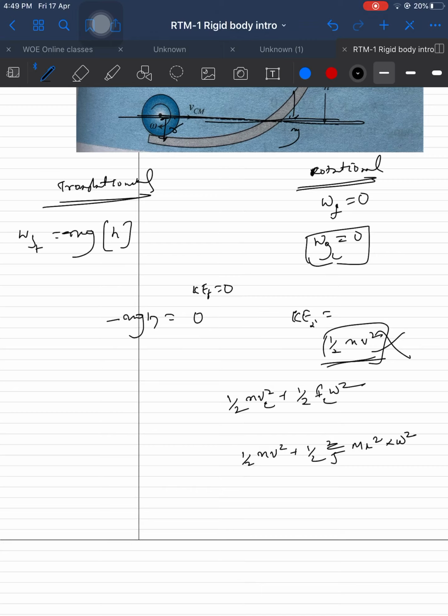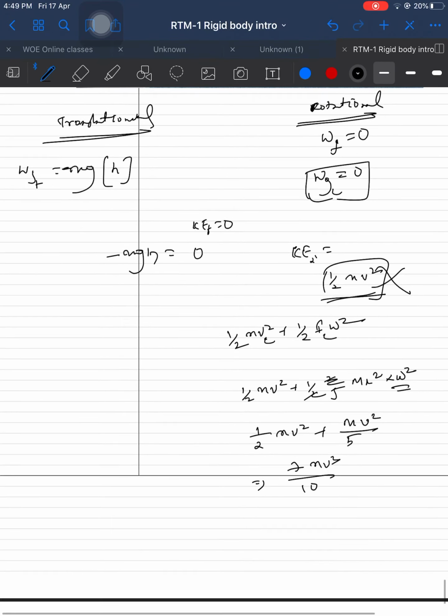Okay, then 2 gets cancelled and v is equal to r omega, remember, so half mv square plus v square by r square, v square by 5, is equal to 7 mv square by 10. So this is the initial kinetic energy. Okay, if we substitute, minus mgh is equal to final kinetic energy 0 minus 7 mv square by 10.